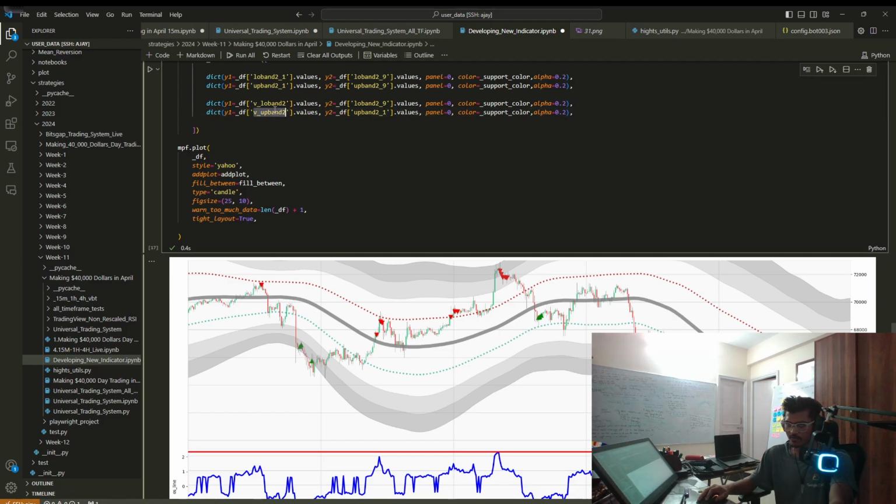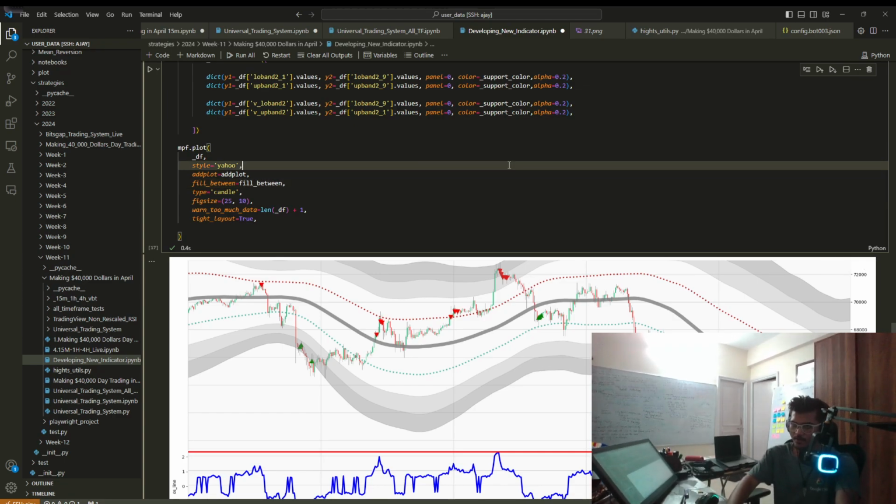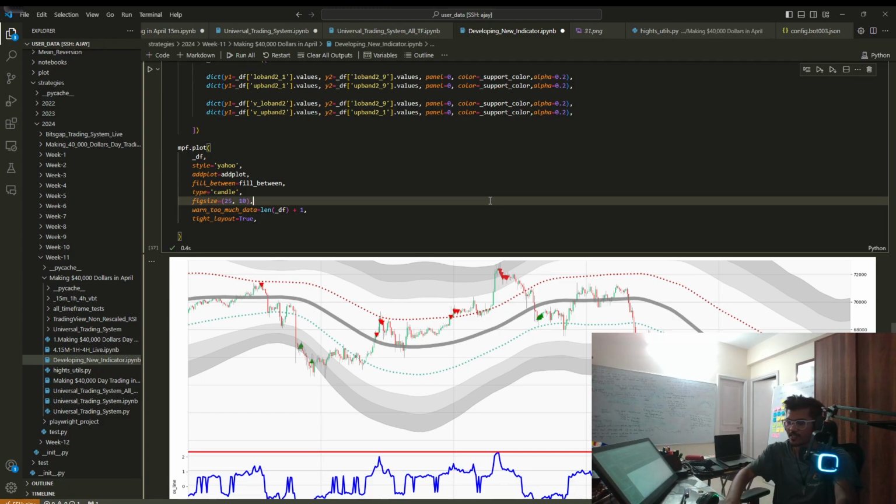It's the same story with the up band. It's just the perfect image of each other basically. Even if you move, you see it's a 180-degree flip. As the market is moving, that's the path basically it's taking. That's what I'm trying to say.